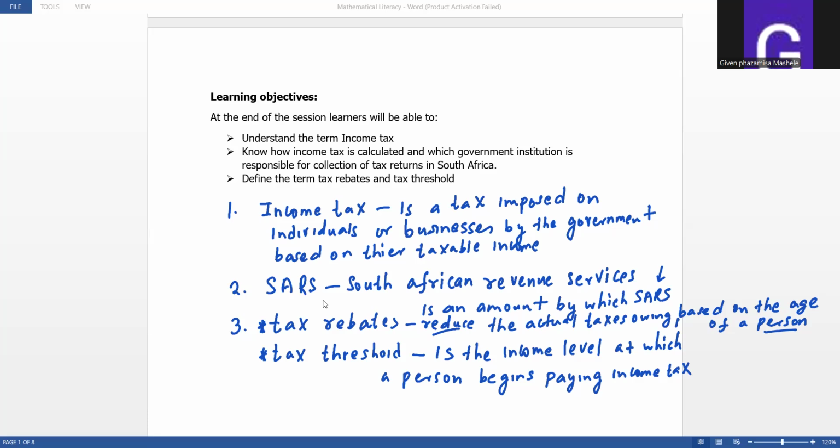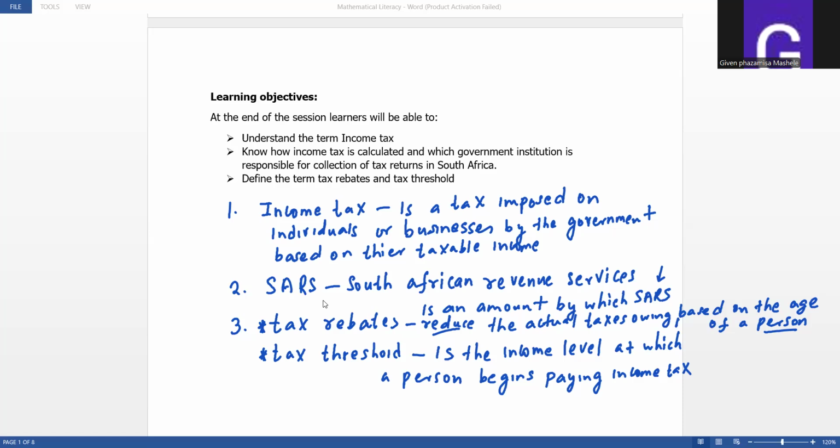Actually, most businesses calculate their income tax based on their profits. So again, you need to familiarize yourself with tax rebates and tax threshold, as I said.